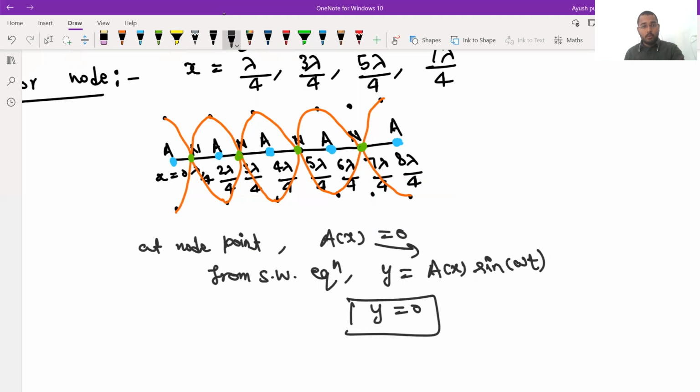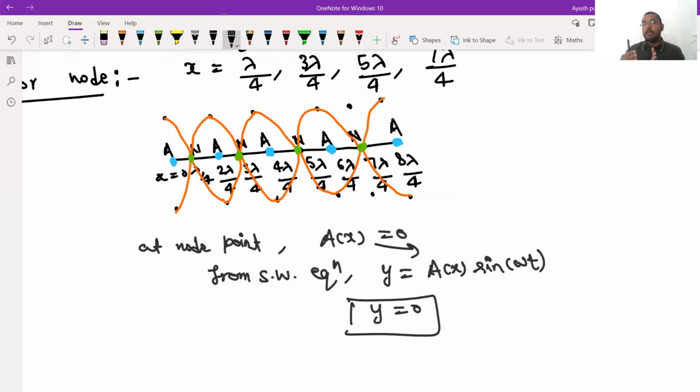If the points at node are at rest, then from the traveling wave definition, we know that energy transfers from one point to another point through a traveling wave. But how does the energy transfer from one point to another point? The particle which is doing SHM transfers its energy and momentum to its consecutive particles, and those consecutive particles transfer their energy and momentum to their consecutive particles, so and so forth.